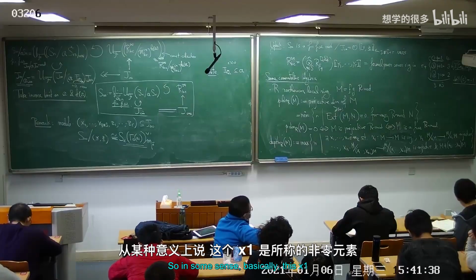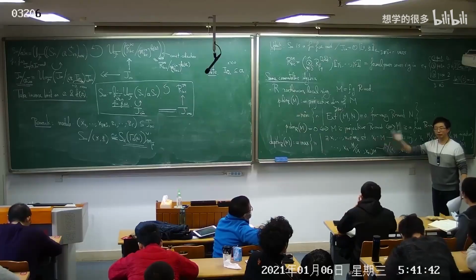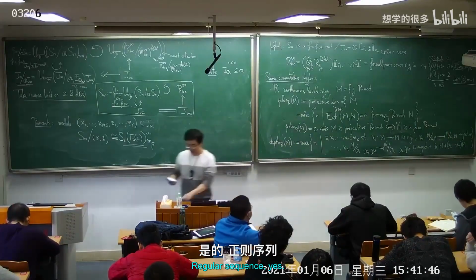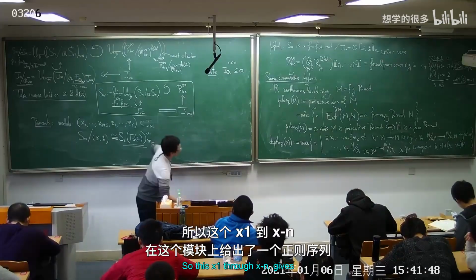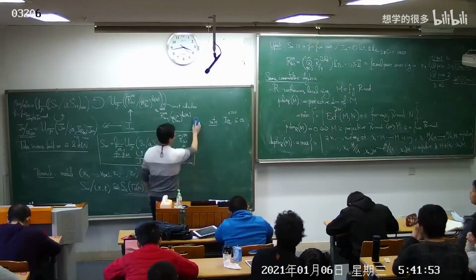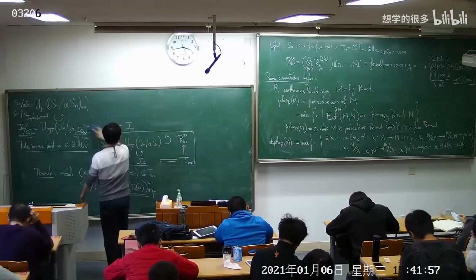So in some sense, basically, this x1 is what's it called? I don't remember what it's called. Regular sequence. Yes. Thank you. So this x1 through xn gives a regular sequence on this module. Depth is the maximum length of such regular sequence.